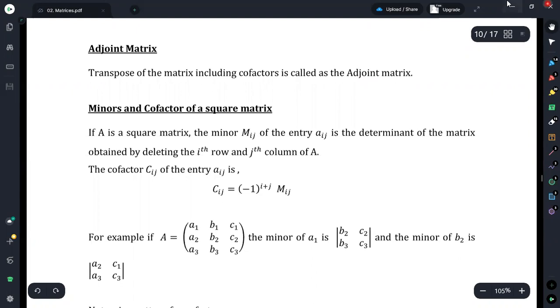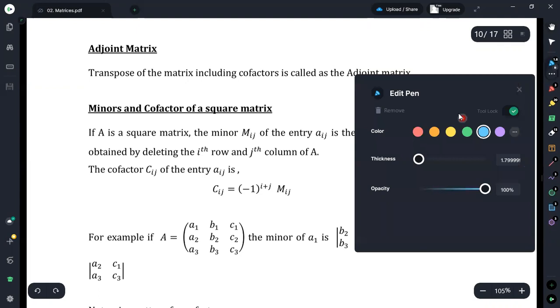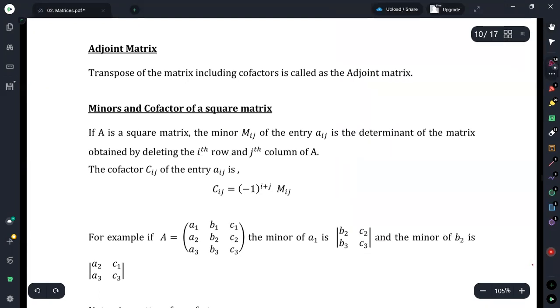I told you that to obtain the adjoint matrix, we need the cofactors. To obtain the cofactors, there is another concept called obtaining the minors.